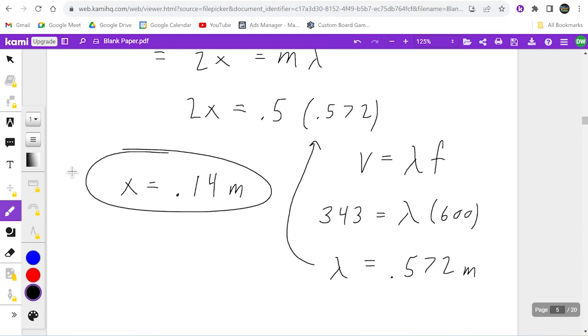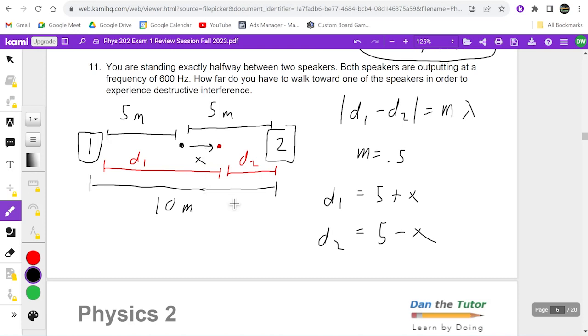Yeah, for the expressions that you did, why did you do 5 plus x minus 5 minus x instead of just doing the math with 0.5? Right. So let me just go back. Here's a question. What would you call D1? Like 5.5?